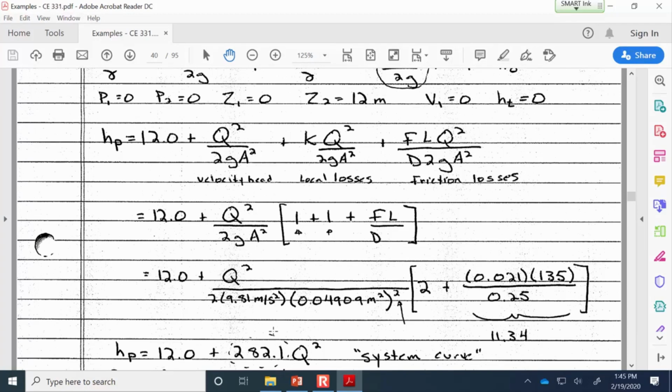It's kind of like a resistance factor. And the bigger that resistance factor, then the more pump head is going to be needed for a certain flow rate. So what we do is we set this system curve equal to the pump curve, the other formula that expresses H sub P in terms of Q, and then solve for Q.